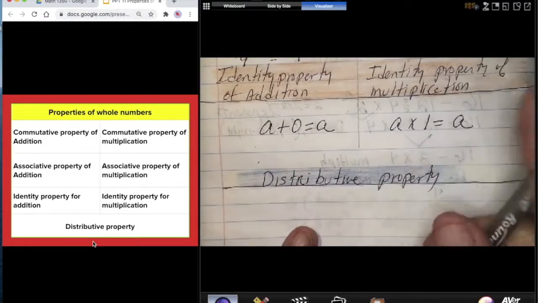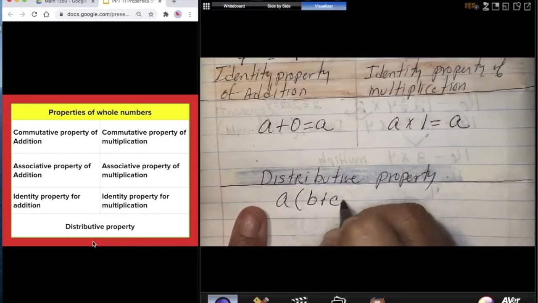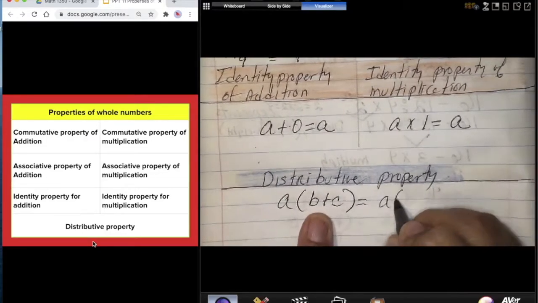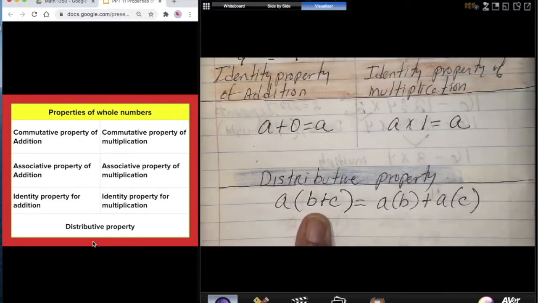In the distributive property, I have A parenthesis B plus C, now it's a plus sign, equals A times B plus A times C.